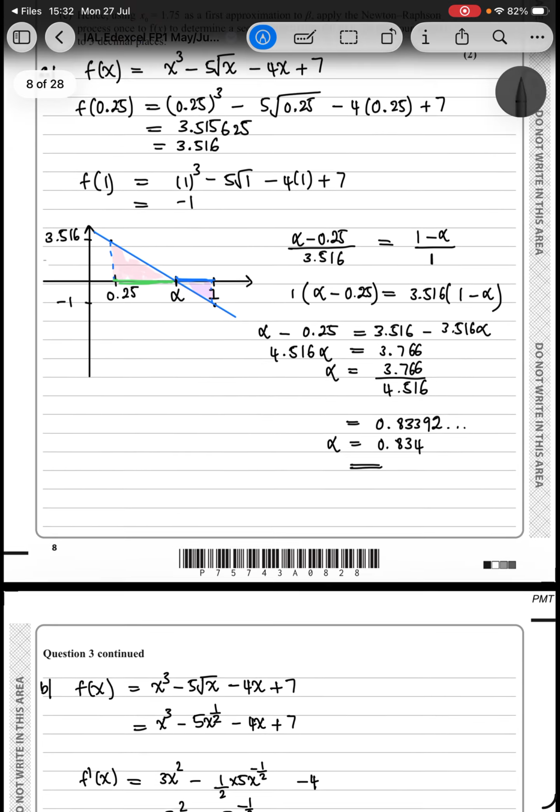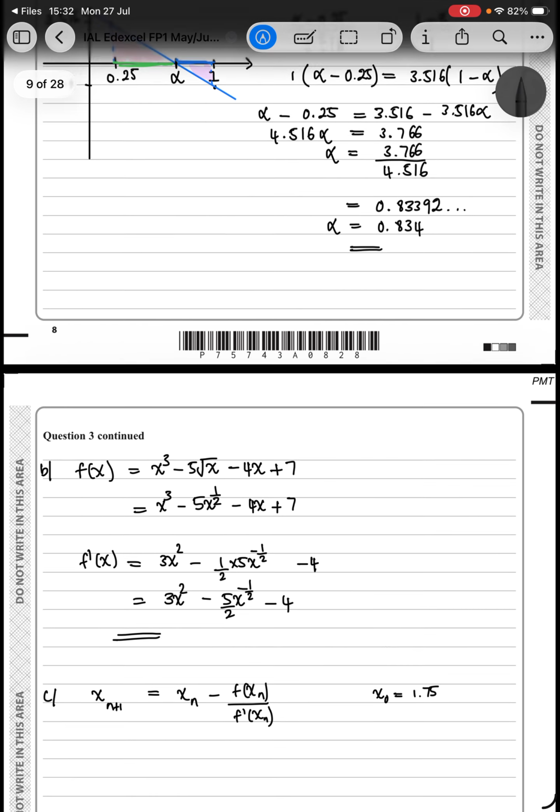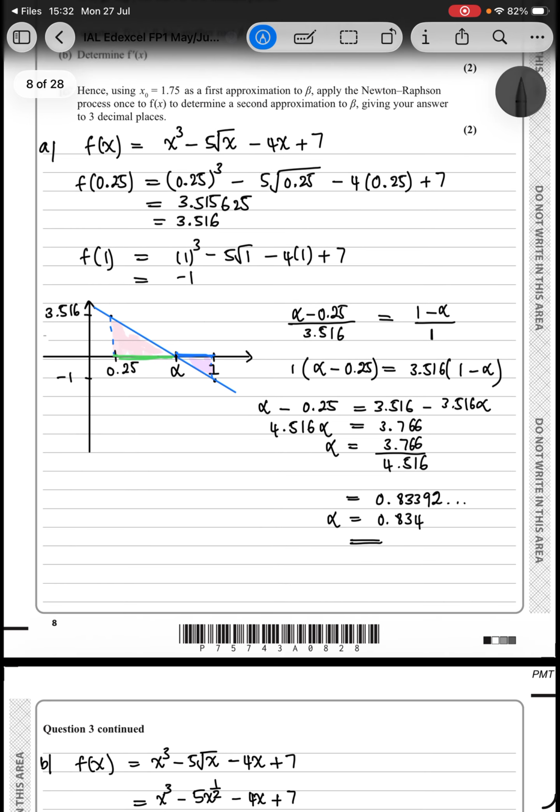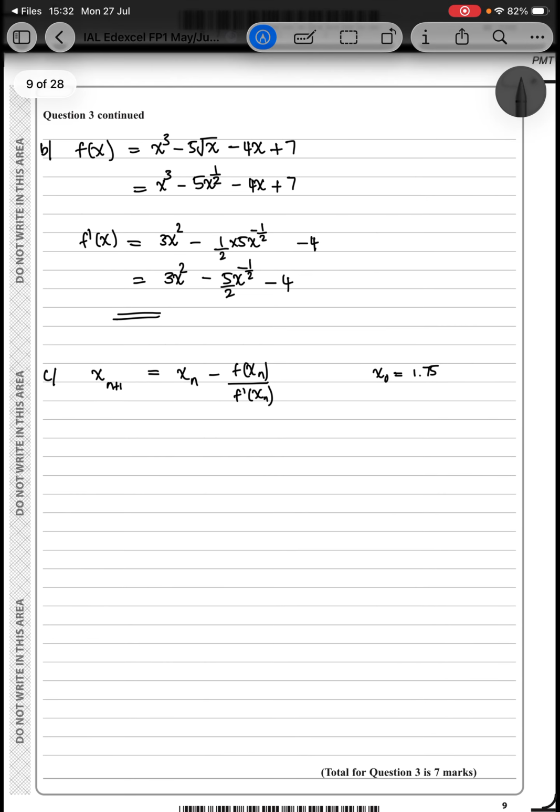If x naught is the first approximation, and they want us to find the second approximation, we are going to find x1. So x1 will be equal to x naught minus f of x naught over f dash of x naught.